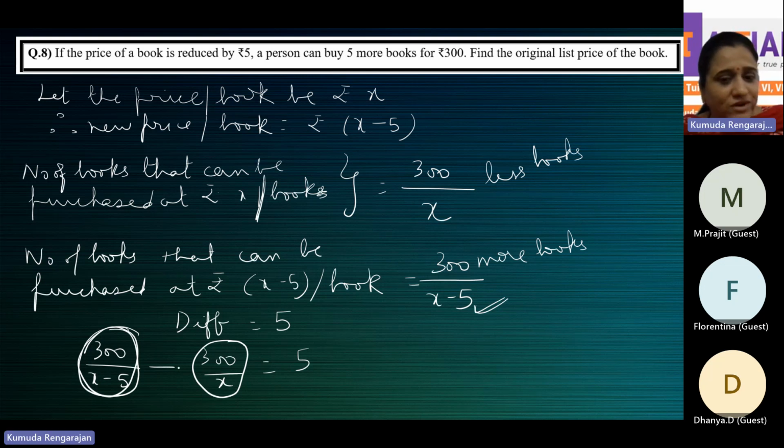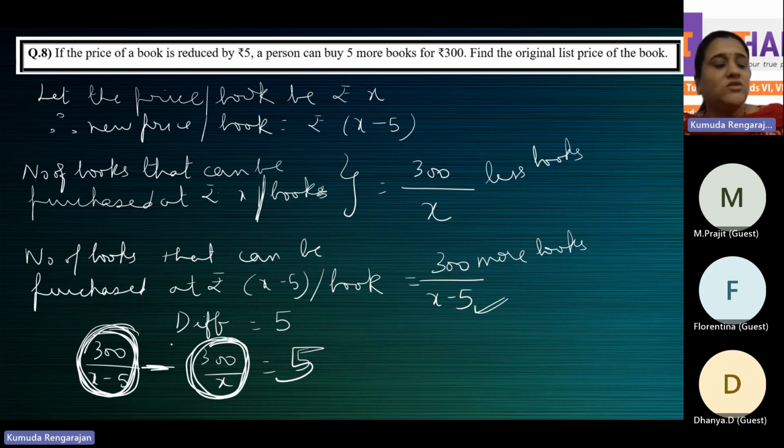So the difference is 5 books. Yes or no? Don't think she's just writing and subtracting and writing 5. This one will give you the number of books, this also will give you the number of books, and here you're getting more books, here you're getting less books. So the difference is 5 books, no? That's the equation. You need to solve this equation and find the value of X.